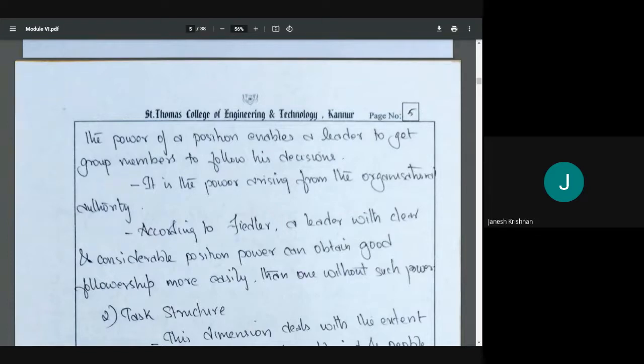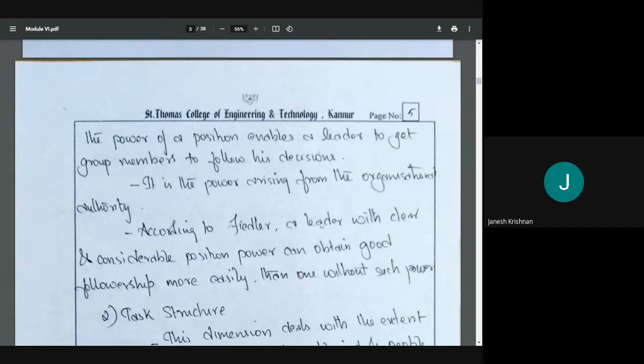It doesn't mean that a person without position power cannot acquire followership, but it will be much more difficult for him. That's what position power stands for.